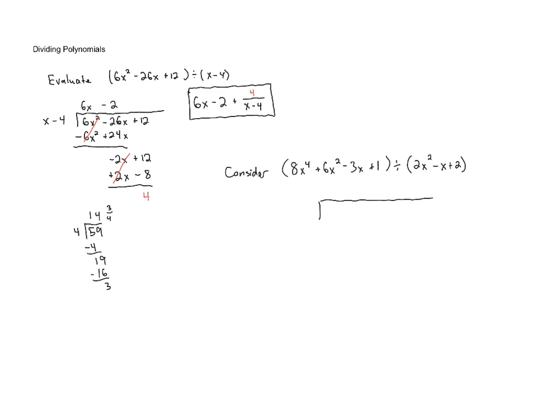If we go to put the first polynomial inside the division symbol, 8x to the 4th, we notice that there's no x cubed term. We jump from a 4th degree term all the way down to a 2nd degree term. In this situation, we actually need to put in a placeholder, 0x cubed.